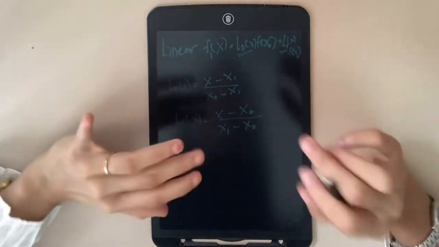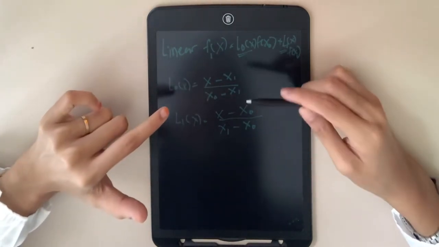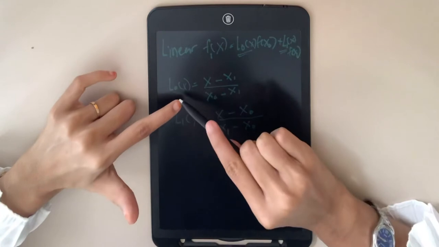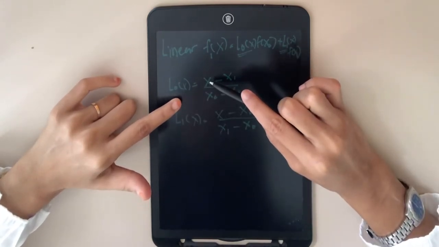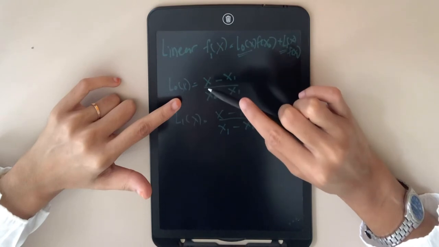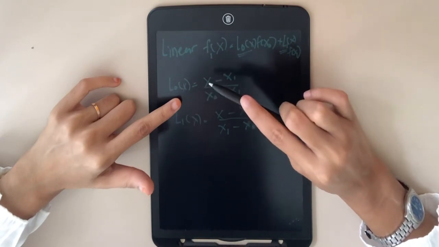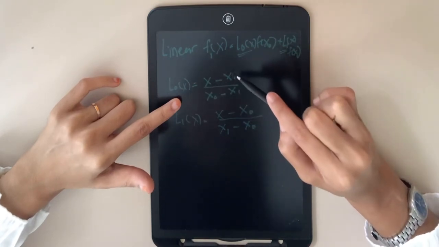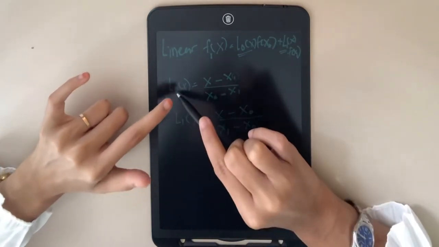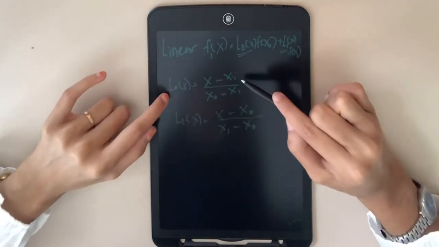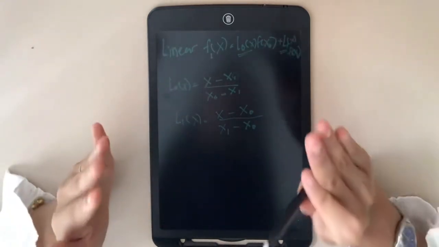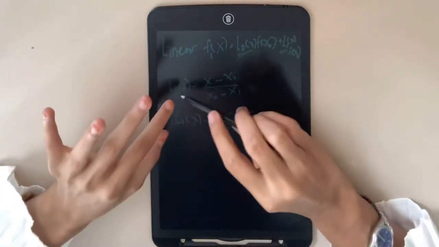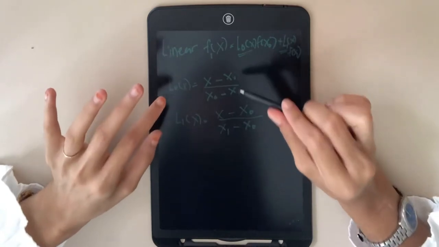Okay, see carefully. You can see here L0x. For the numerator, we start with x minus x1. Look here at L0. If here is L0, it means that here you should have x1, which is 1, not 0. If here is L0, here must be x1.